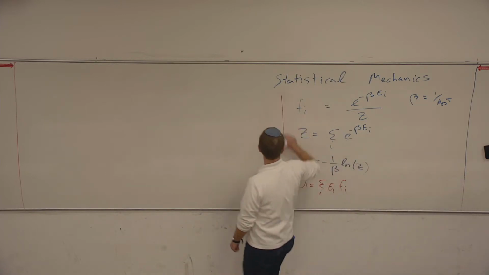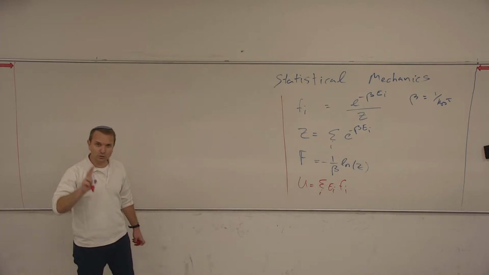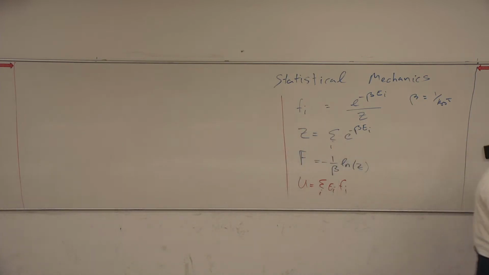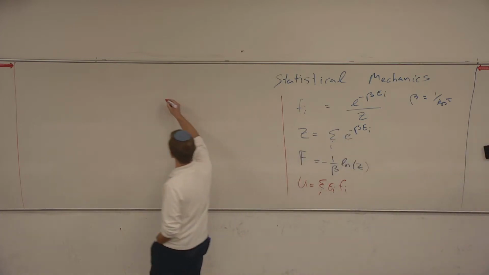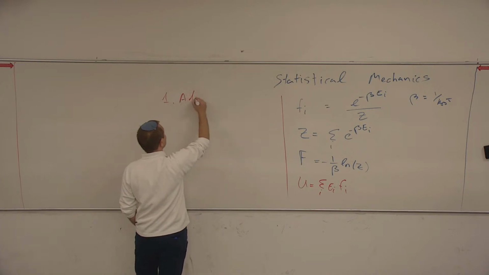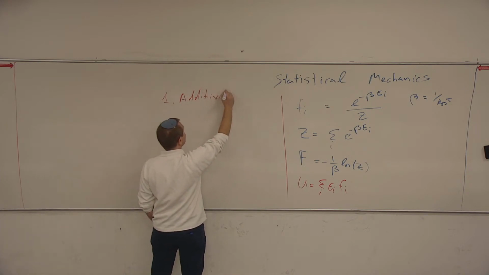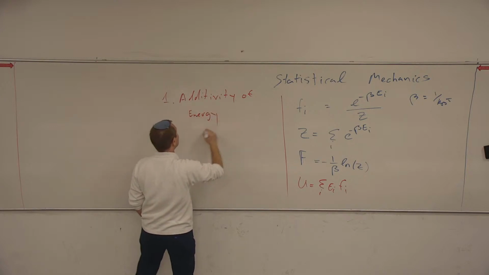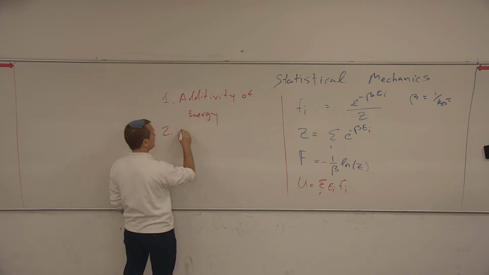Okay. Now, in order to solve any problem with this canonical ensemble, we need two conditions to be satisfied. One is additivity of energy. The second is factorization.